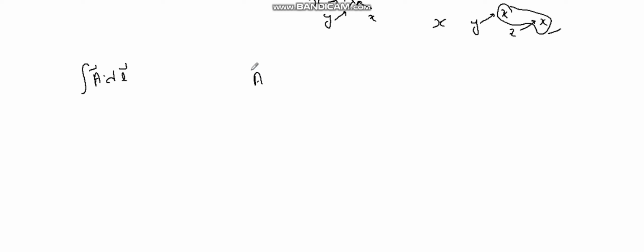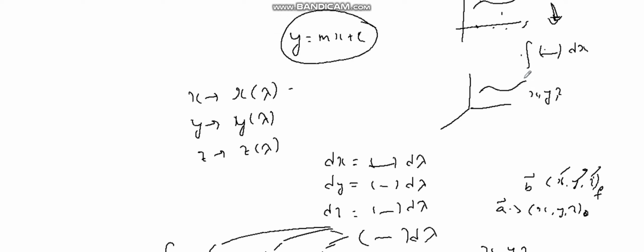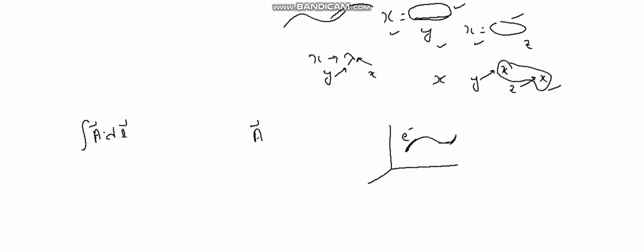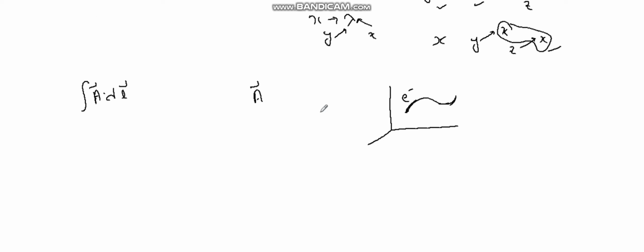In physics, this curve may be the path of a particle, say a charged particle, let's say an electron is moving in this way, and the trajectory drawn by this electron is the curve that we have mentioned over here.